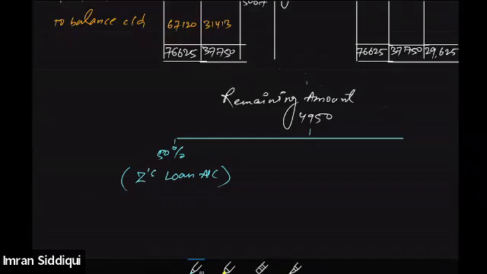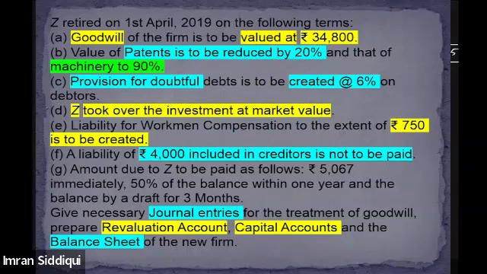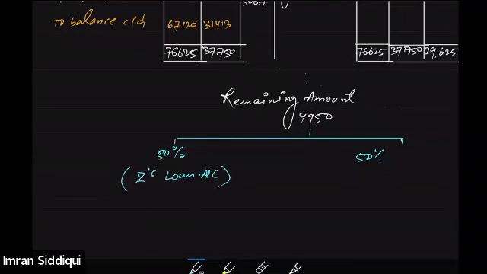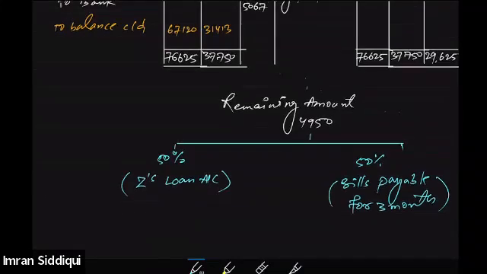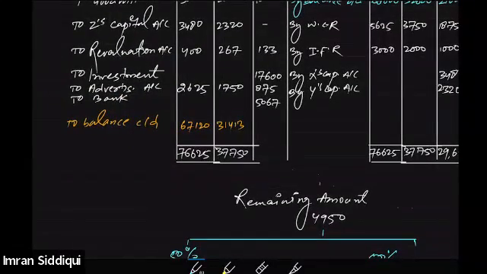It is a liability upon the firm. And for the remaining 50%, we will issue a draft. Draft means bills payable after 3 months. All right, so now let's see how we are going to record this.